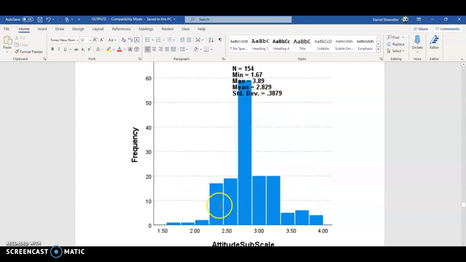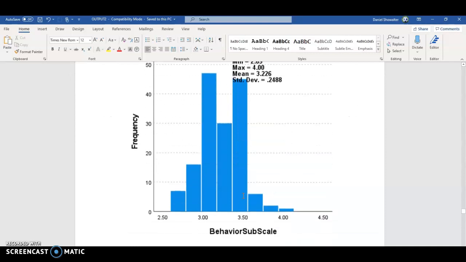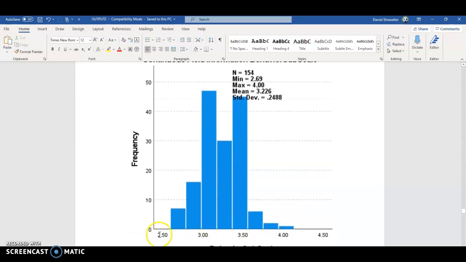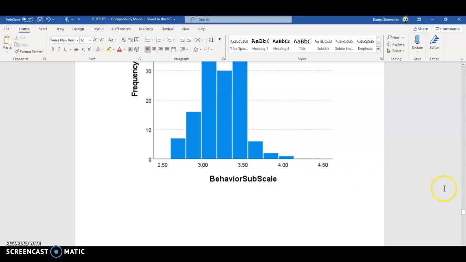Boy, it looks like someone's giving the finger there. Yeah, it's fairly neutral, a little below neutral on the attitude. And then behavior, and be careful here, the numbers are constantly changing. So do pay close attention to what these numbers are. So here again is our neutral. Most are neutral to above neutral in terms of behavior.